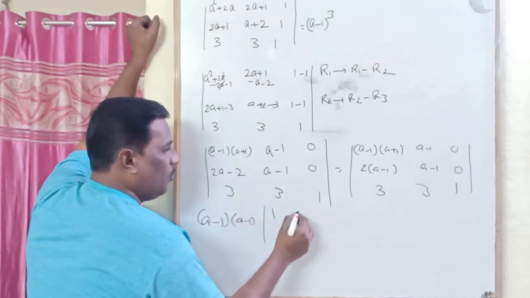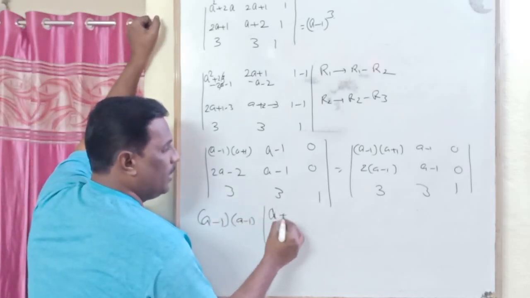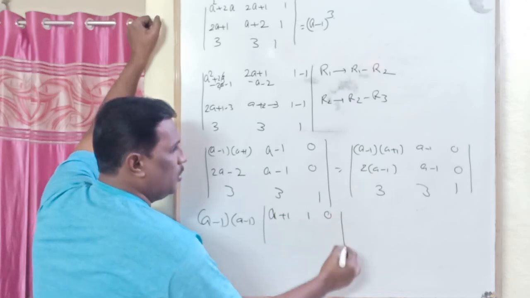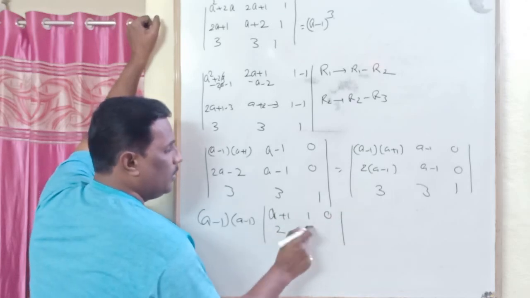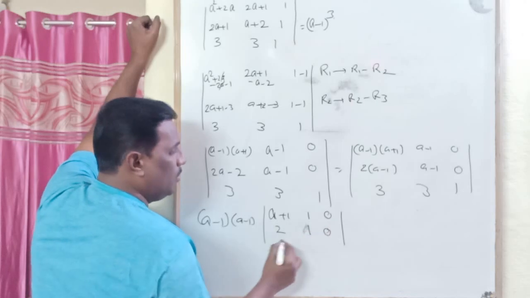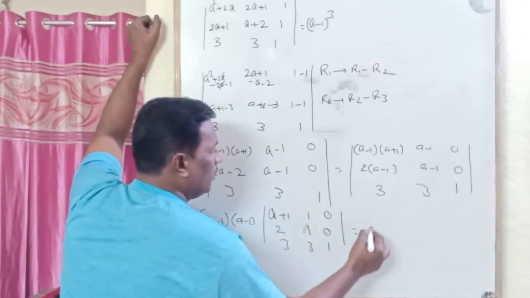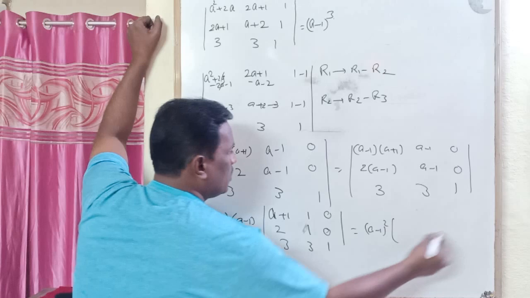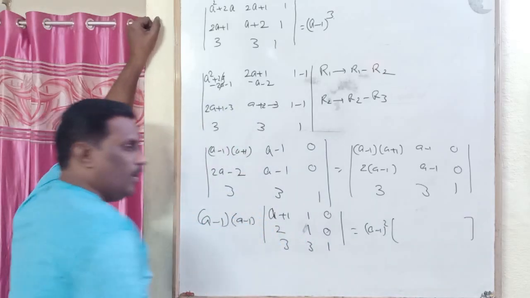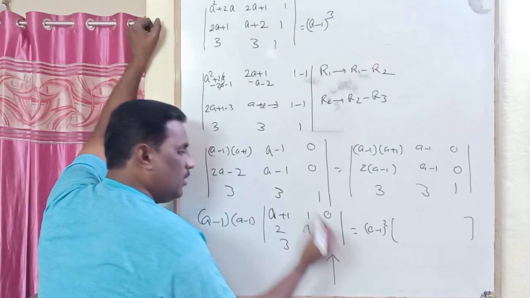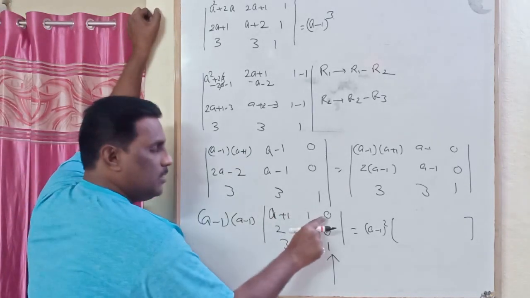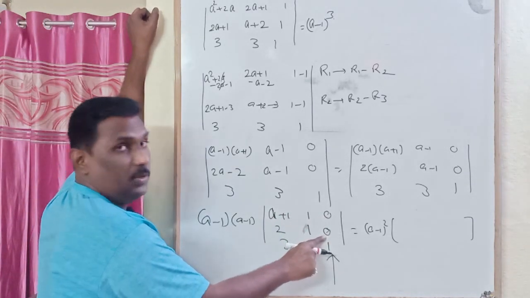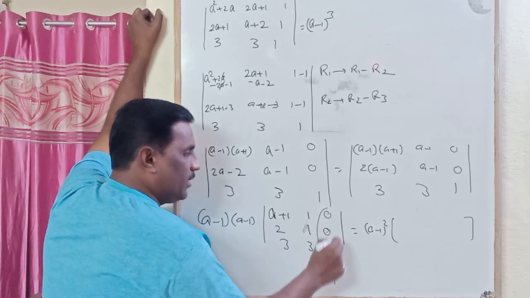Then I am left with a plus 1, 1, 0; 2, 1, 0; 3, 3, 1. So (a minus 1) square into, I would like to expand along the third column: 0 into cofactor, 0 into cofactor, 1 into cofactor.